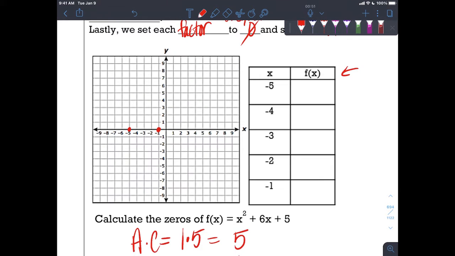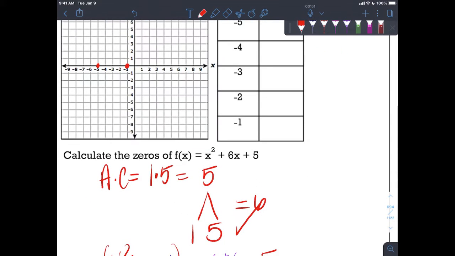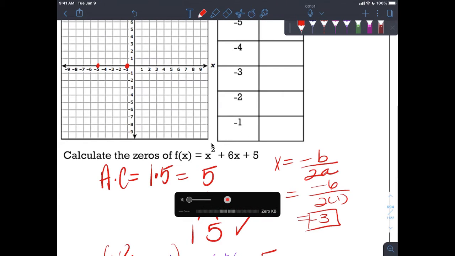Okay? So, now that I have this information, I can also calculate my vertex. Vertex, right? We've already done this. The x-coordinate of my vertex is negative b over 2a. So, negative 6 over 2 times 1. And that becomes negative 3. Now I can take that and plug that in and figure out where in the world that lands me.